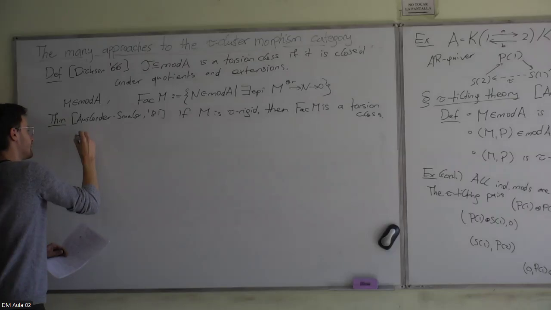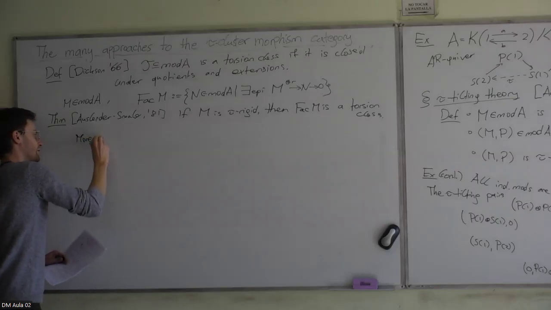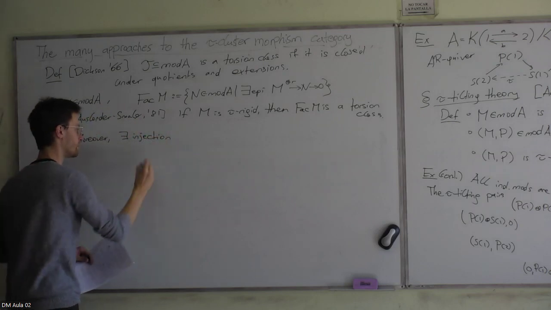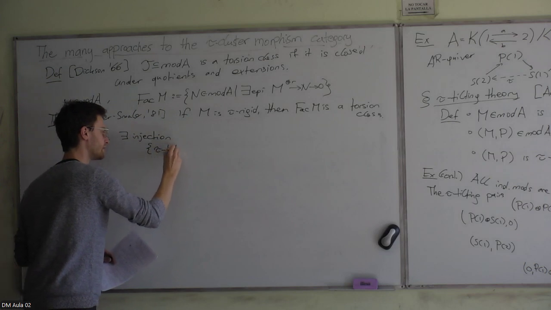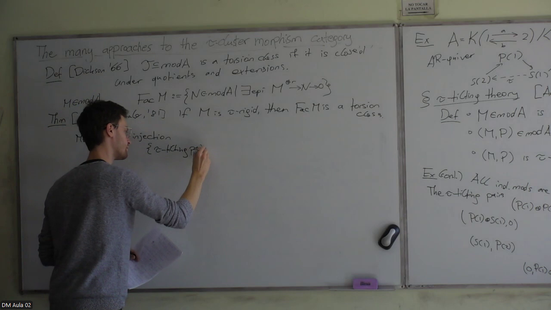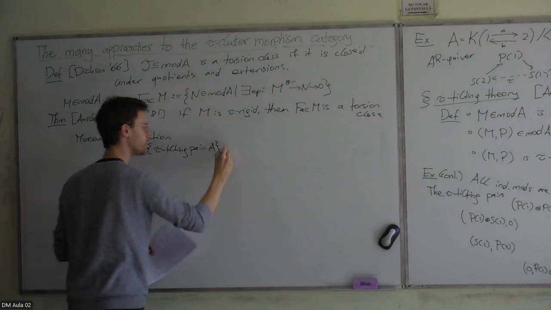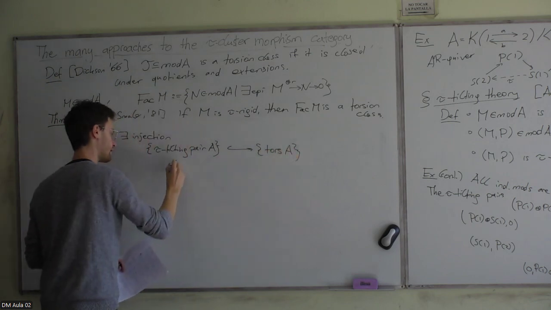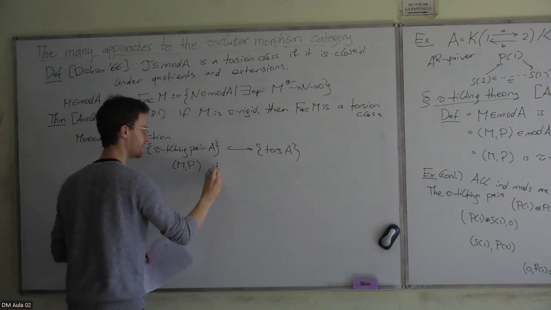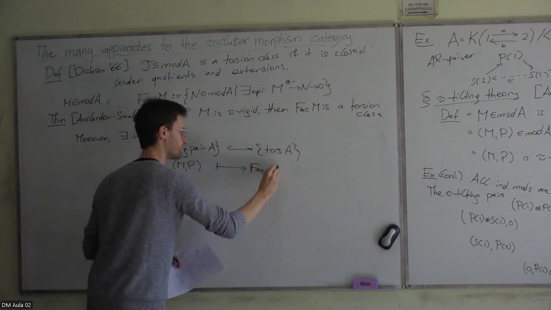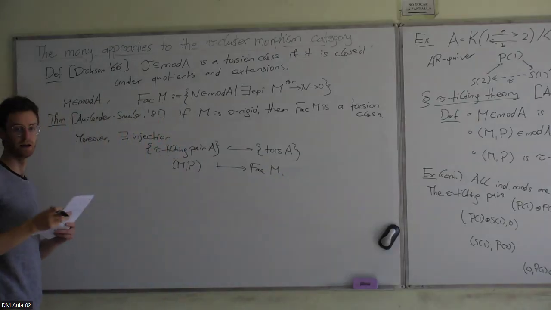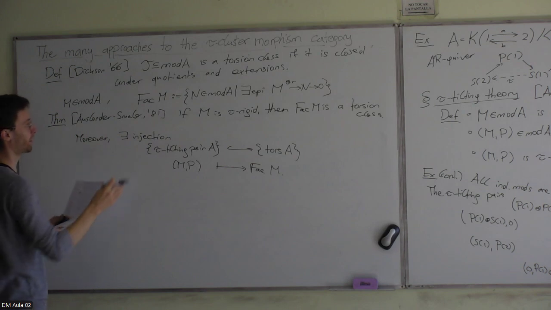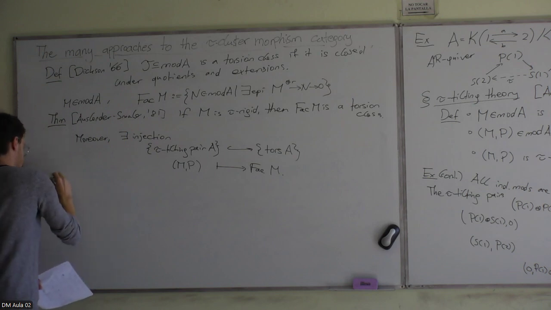This implies that, or we can also show that, there exists an injection from the set of tau tilting pairs of A into the set of torsion classes, given by simply sending the pair (M, P) to Fac M. And this now allows us to define something very essential for the tau cluster morphism category.